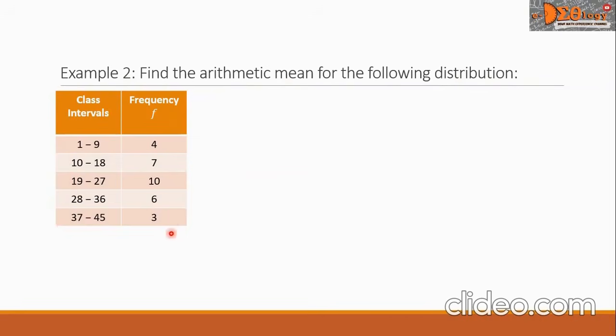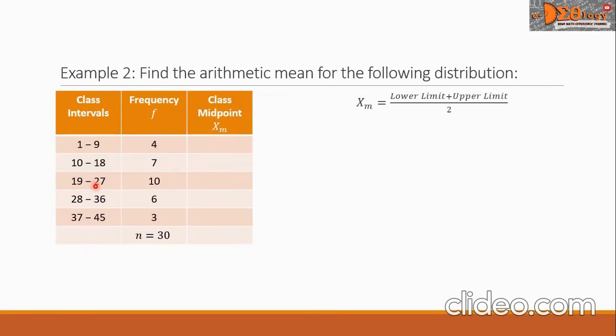Step 1 is let us collect the n, and that is taking the total of this column, and this is equal to 30. Next, we need the class midpoint for each of the classes. We will use our formula x sub m equals lower limit plus upper limit divided by 2.